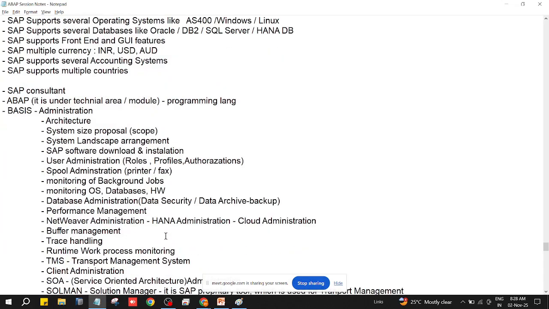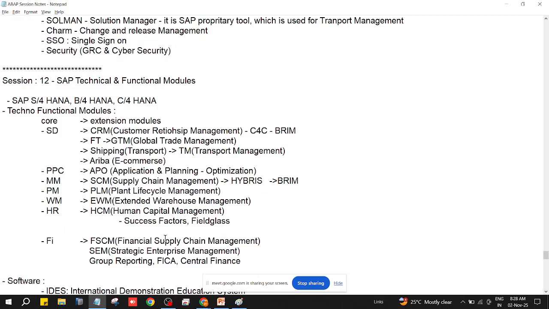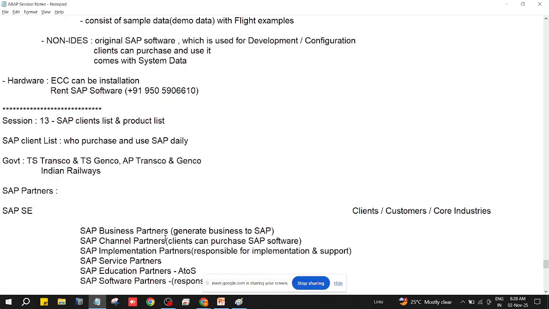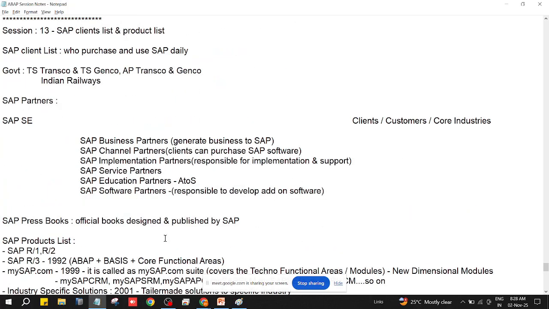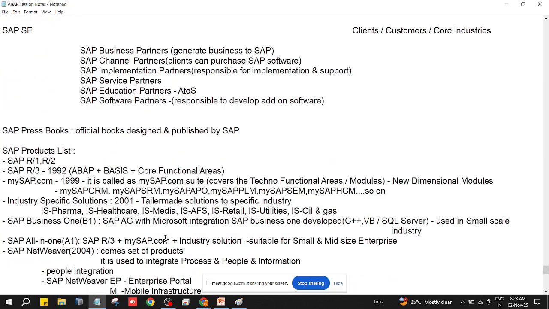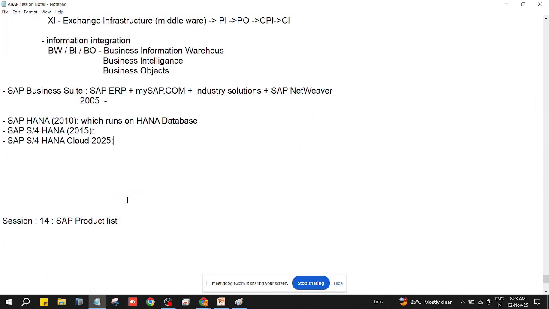I introduced Basis in detail. ABAP we will learn later, at the next level. Then core functional and extension techno-functional modules, software, hardware, clients, products, partners and partner details, press books, and product details are also complete.